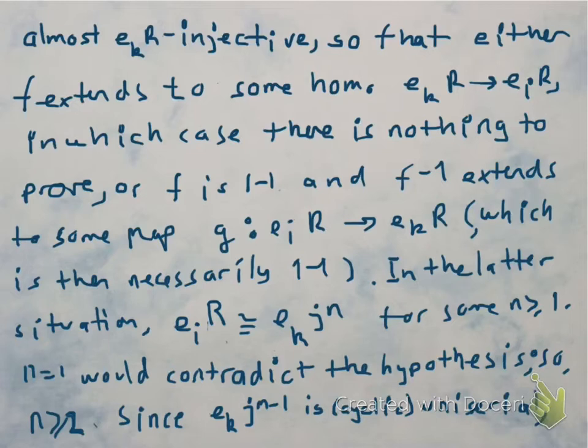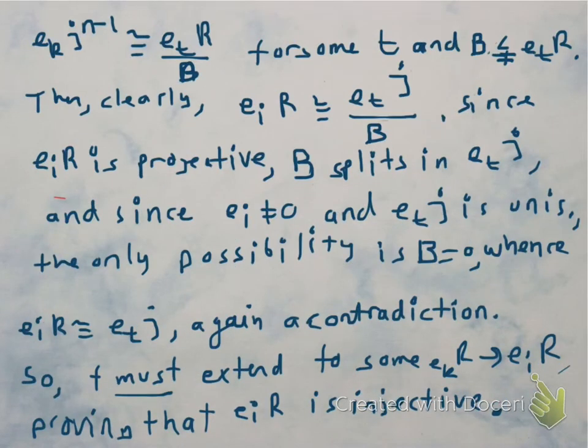Now, the module EKJ to the n minus 1 is a cyclic uniserial module containing EKJ to the n as a maximal submodule, and it is isomorphic to something of this form.